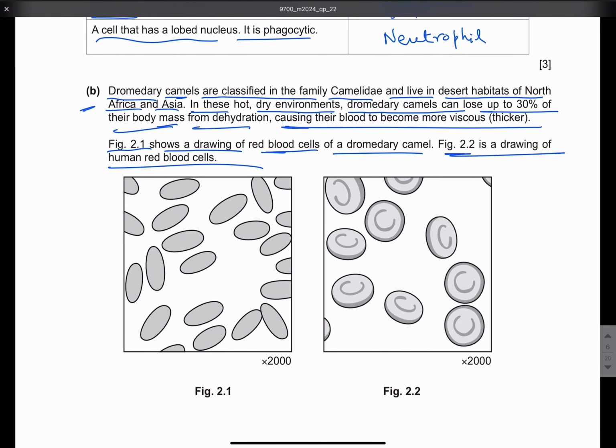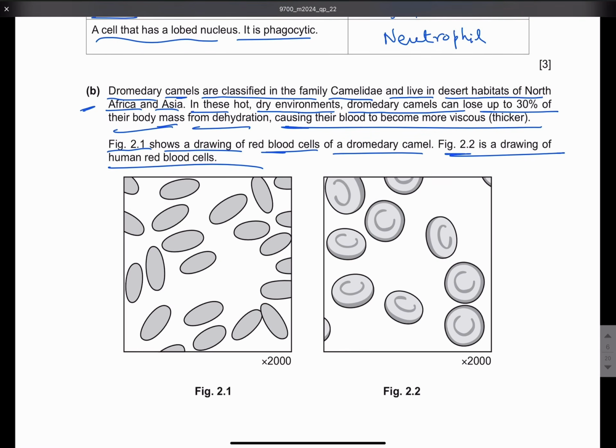And they're saying that the dromedary camels live in hot and dry environments where they can lose 30% of the body mass from dehydration. And because of dehydration, their blood becomes viscous or thicker. Always remember this point, that whenever the blood becomes viscous or thicker, there is more resistance for the blood to flow, because viscosity is the resistance against the flow of the blood.